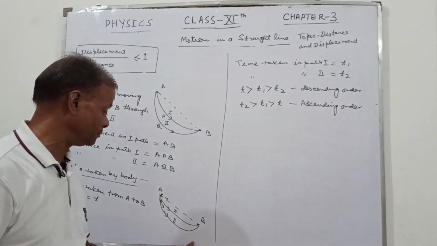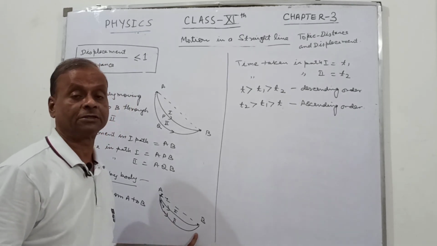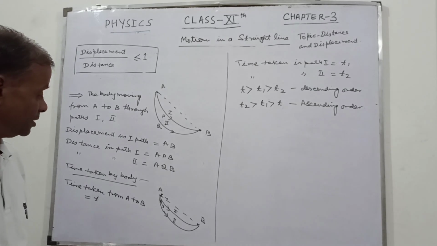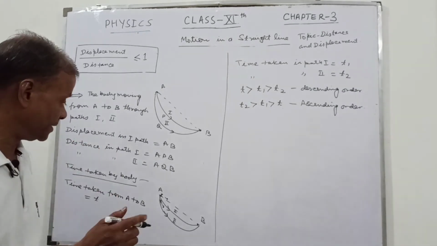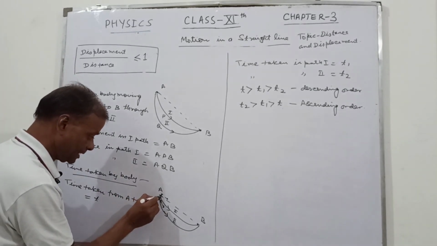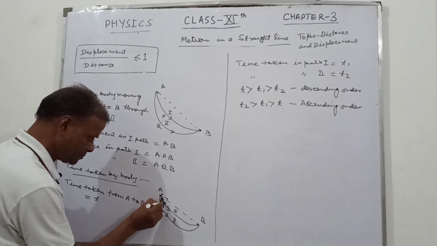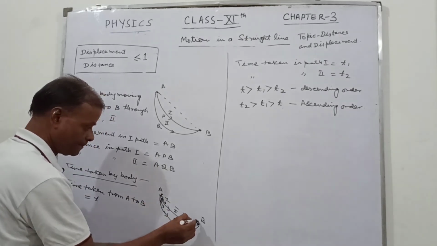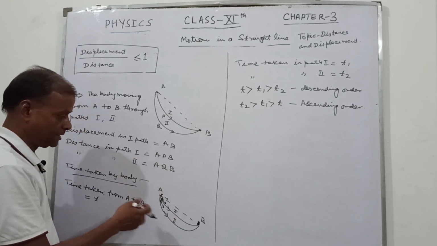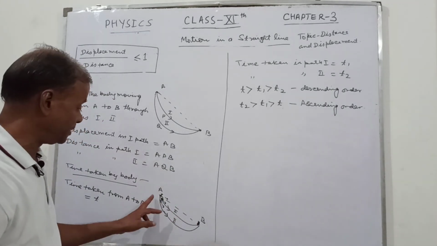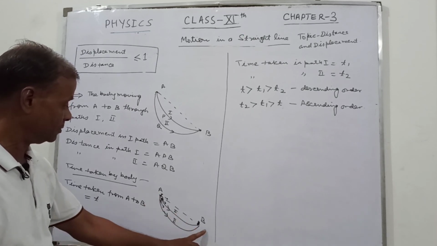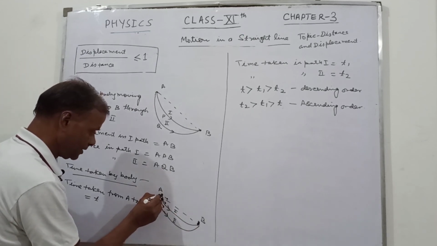So this is what happens when the body moves through different paths between A and B like this: it will take different times. Time will be minimum for this one, and then more for this, and this is now last, this is now very high.